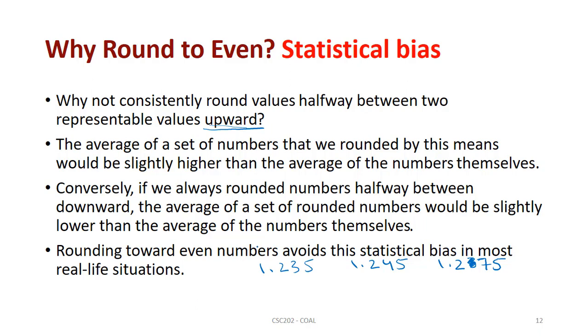Similarly, if you say don't round upward, go for round downward, then the average will be slightly lower than the average of the numbers themselves. I can show what I'm trying to say.